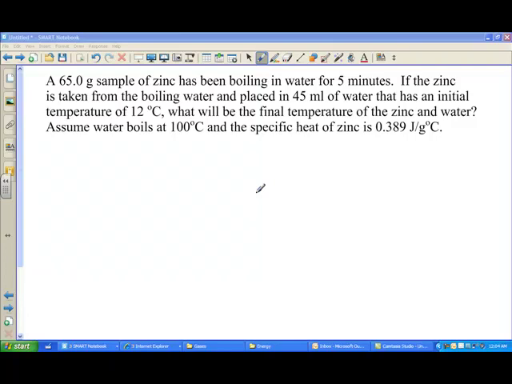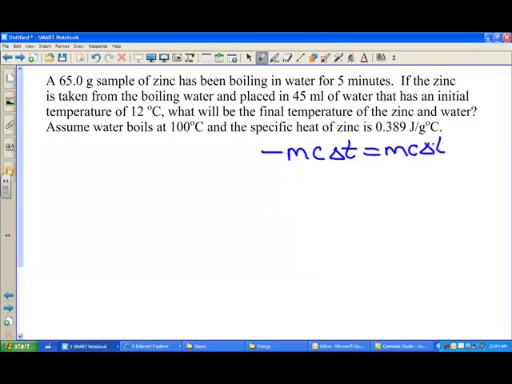Okay, this problem is a minus mc delta T equals mc delta T. It's a heat lost equals a heat gained problem. So we're going to set up our lost columns and our gained columns.